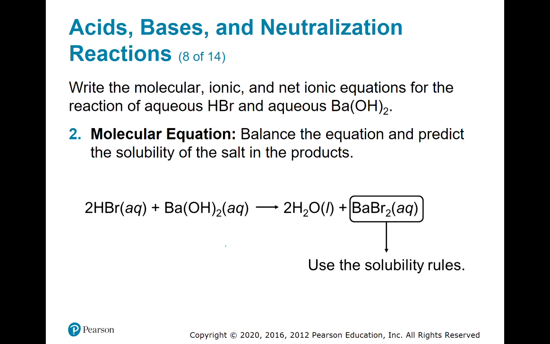A good way to know what coefficients you'll need to use is to look at how many hydroxides there are in the base and how many H+ there are in the acid, because those need to combine in equal amounts. HBr has just 1 H+, but barium hydroxide has 2 hydroxides, so we're going to need twice as much HBr as we have barium hydroxides to get the correct amount of water out of that.